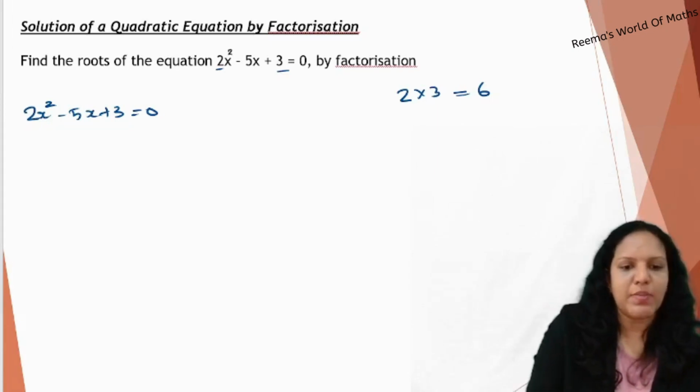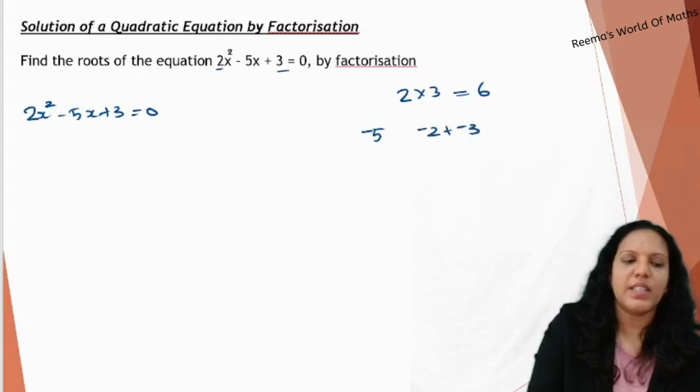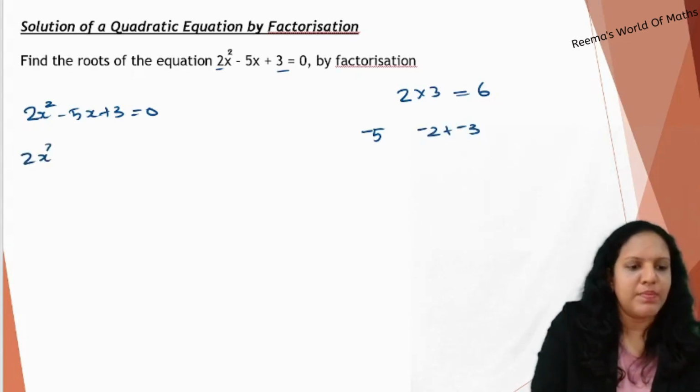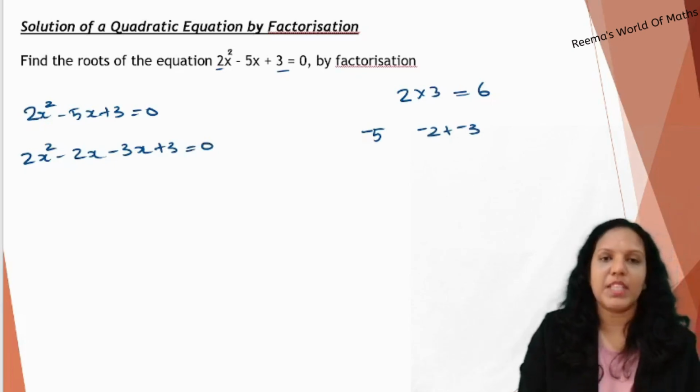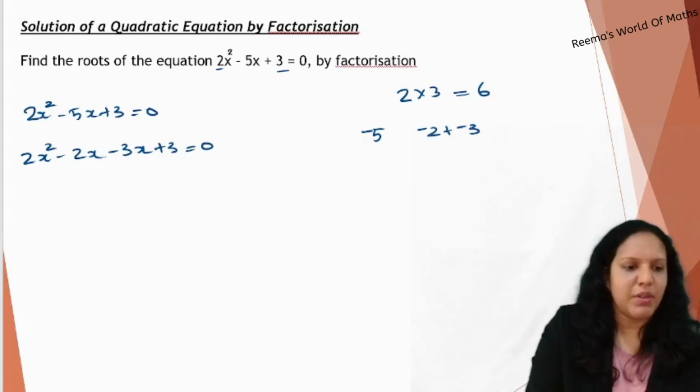So now minus 5 can be split as minus 2 plus minus 3. Correct? So now let's rewrite the equation: 2x squared minus 2x minus 3x plus 3 equals 0. So now we have split the middle term minus 5x. Let's simplify this.